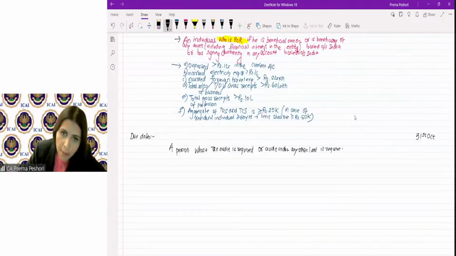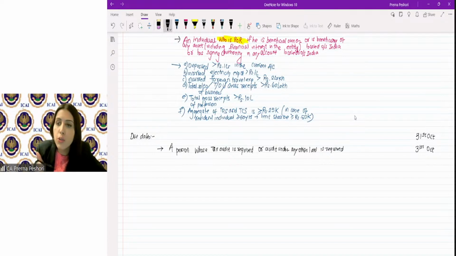So even if I may not be required to do the tax audit under 44AB, but I may be required to audit, let's say under RERA, or under the Companies Act, or under the LLP Act, then also my due date is going to be 31st October.